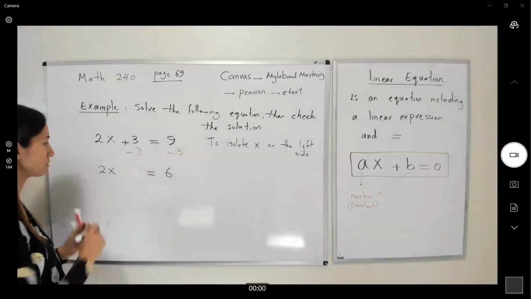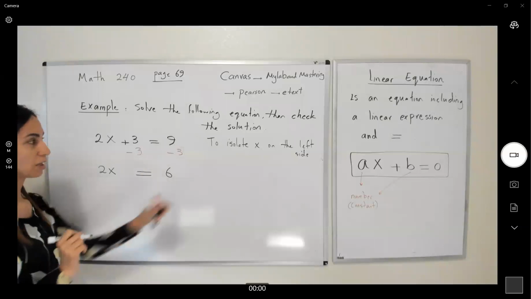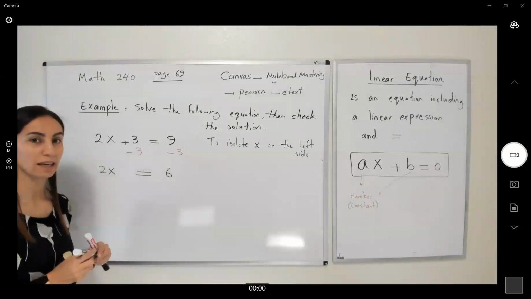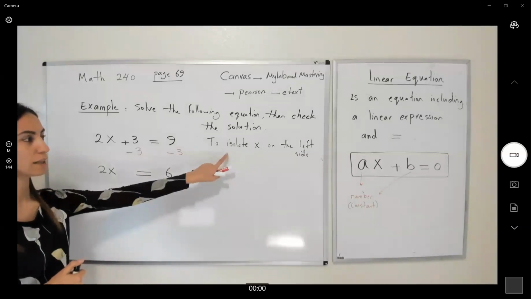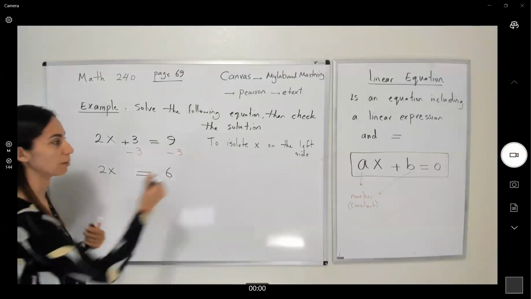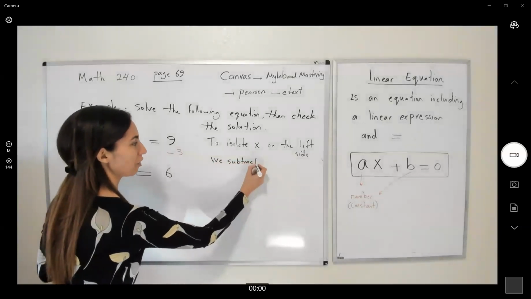Very well. So we have 2x equals 6. You're going to isolate x on one side. So to isolate x on the left side, we subtract 3.